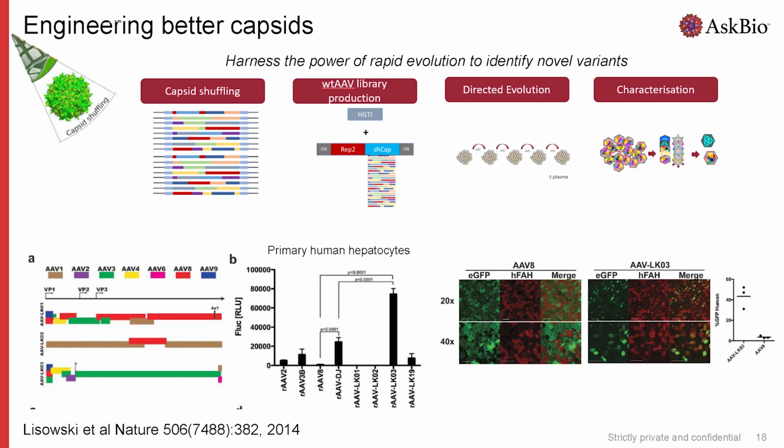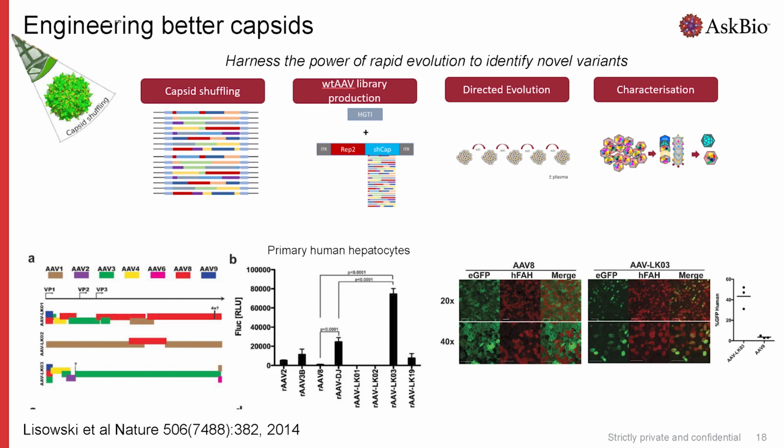What we do is we take a number of parental AAVs and chop them up. There's a high degree of sequence similarity between serotypes, and we're relying on that for them to come back and reassemble in completely random arrangements, which we then make vector from, so we have a wild type library, which we can then push through an evolution process.